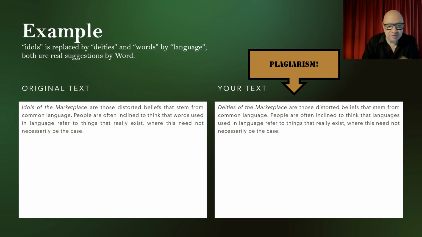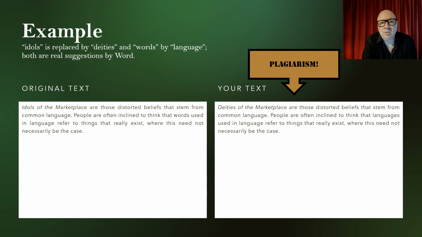So to use our previous example, if you use Word to find synonyms, then the original text we already saw becomes something like this. If you look up what the synonym for idols is, then you get deities. So Word actually changes idols into deities. Deities of the marketplace, well, then you got your phrasing all wrong.